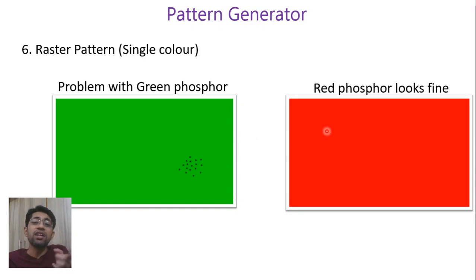While if you apply the red raster pattern, you can see there are no black dots. So by applying this pattern, you can also predict the condition of the phosphors on the TV screen.